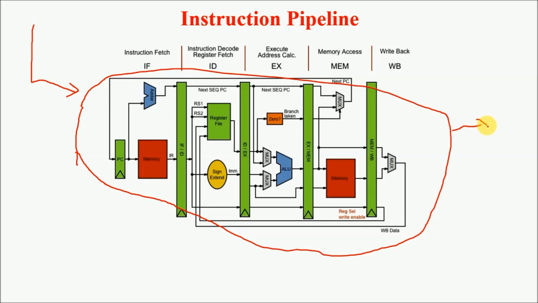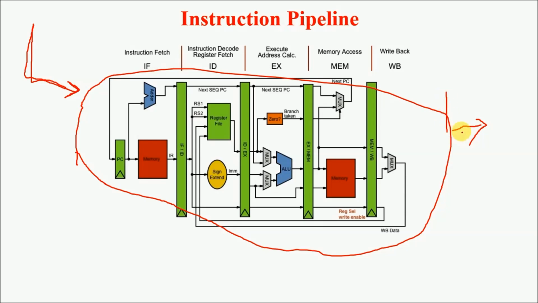So if you consider the whole process as a single unit, then the instruction will execute within this hardware, and executing all these steps in some clock cycles, the instruction will be executed.